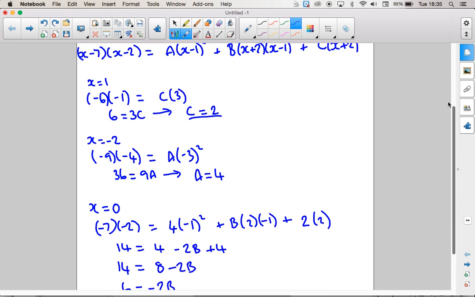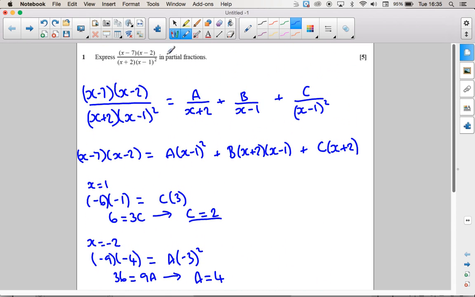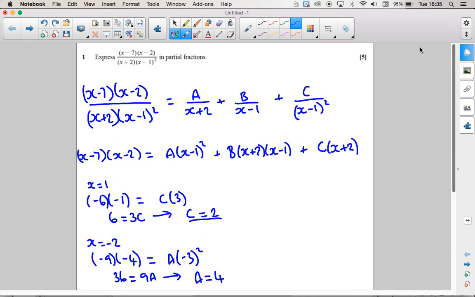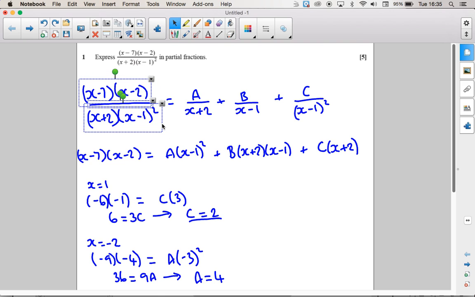So that works out A, B and C for me, but we need to make sure we actually answer the question. We need to write down what the solutions are. I'm just going to copy this, save me having to write it again.